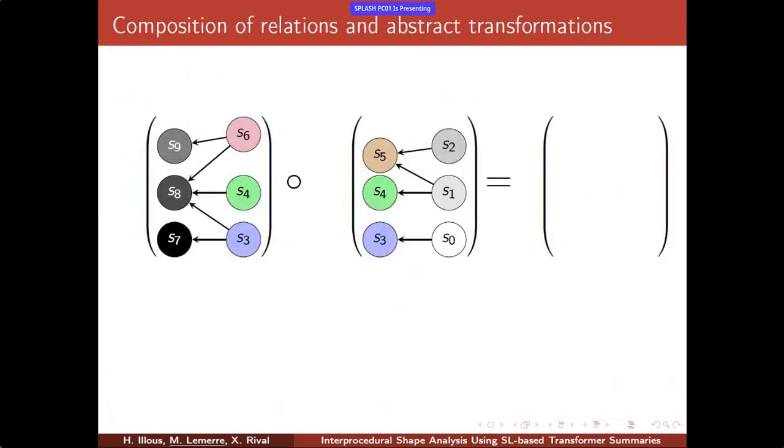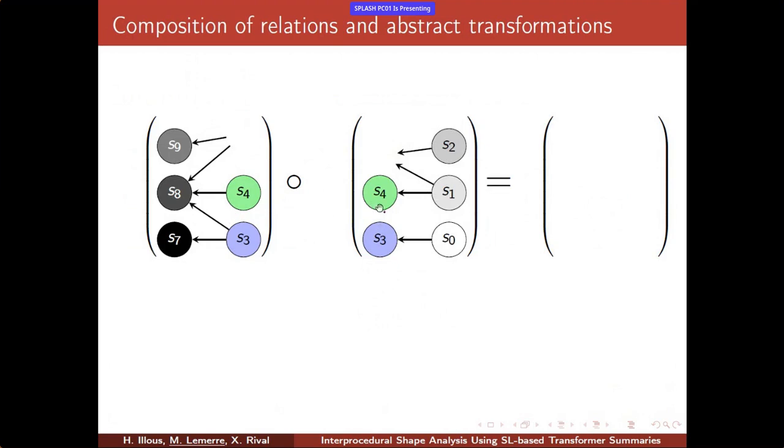Now, the main operation that we want to perform on abstract transformations is the composition of relations, and the abstract composition is an abstraction of the composition of relations. What the composition of relations does is basically, if you have a relation which explains how you can go from the white states here to the colored states here, and you have another transformation which explains how you can go from the colored states to the black states, you will try to find out if there is a path that goes from the white state to the black state.